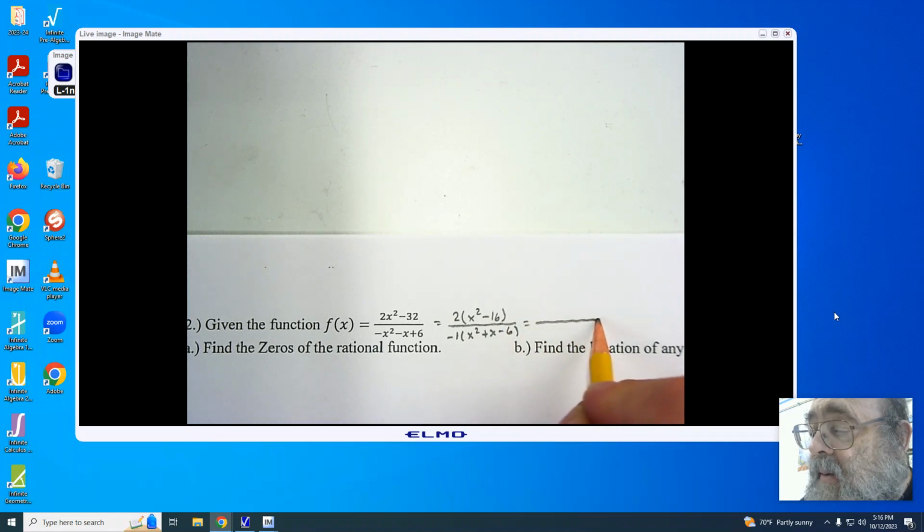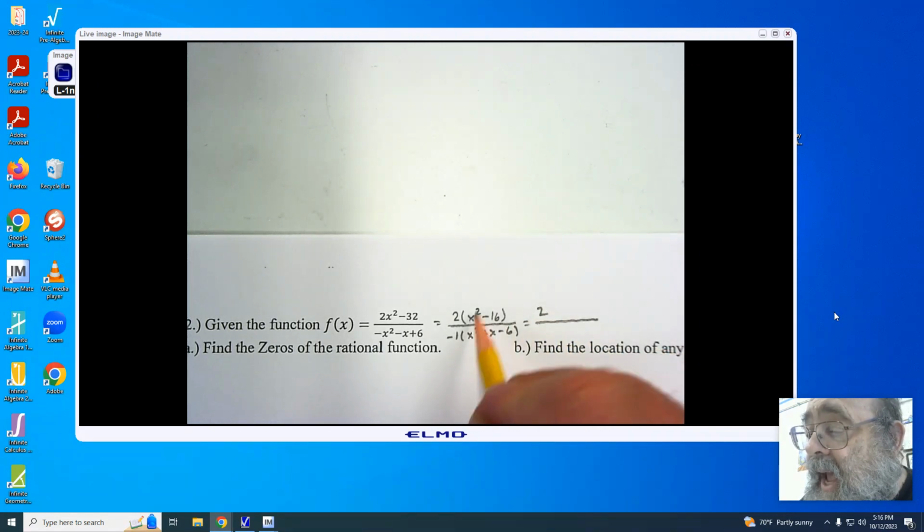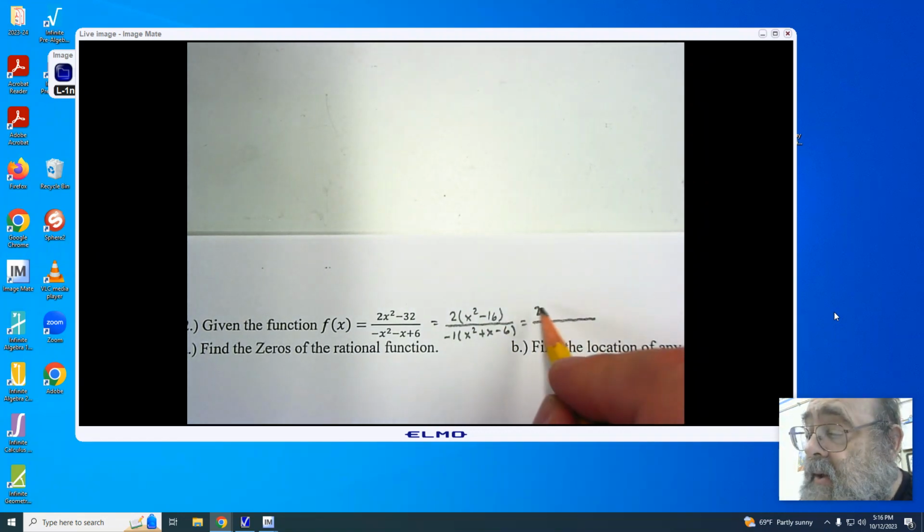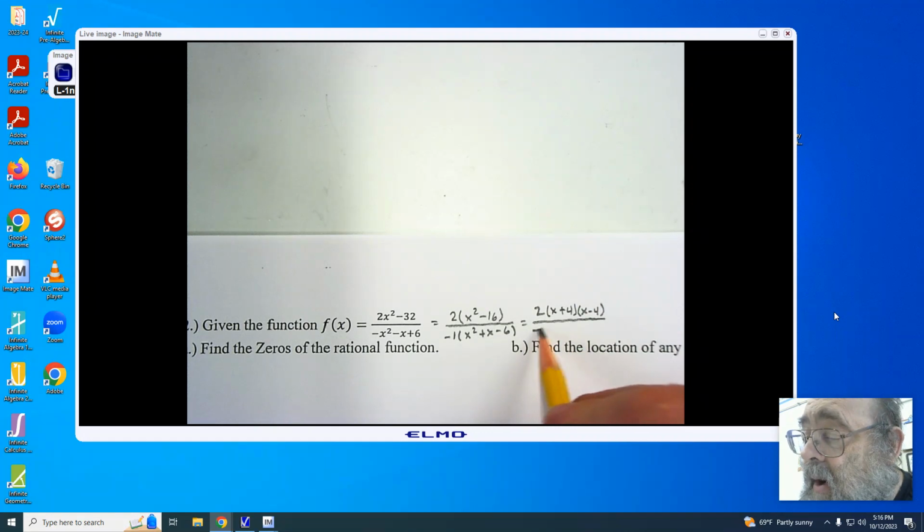Then I'm going to factor it completely again, so I'm going to take x squared minus 16, which I can clearly see as a difference of squares. Call it x plus 4, x minus 4. Then we're going to go to the denominator, keeping our negative 1. We have x plus 3, x minus 2.